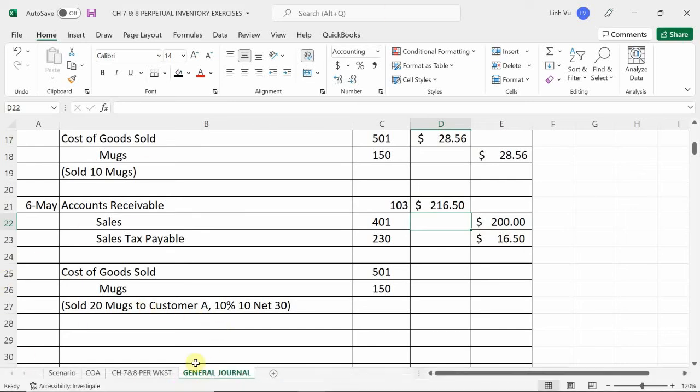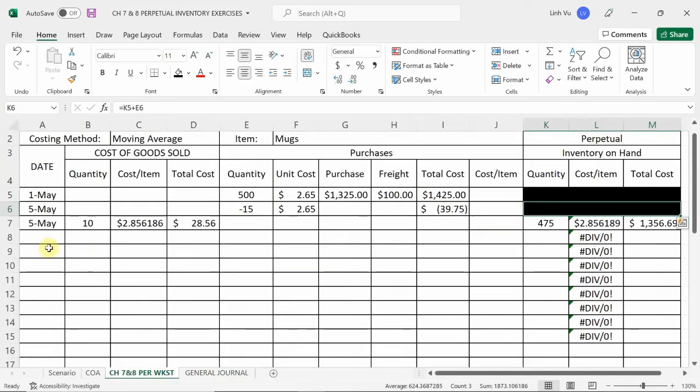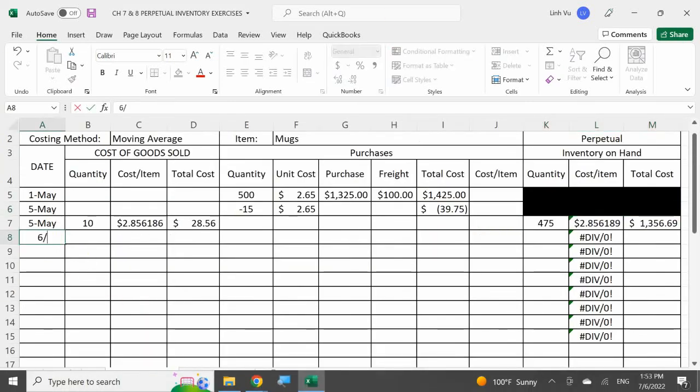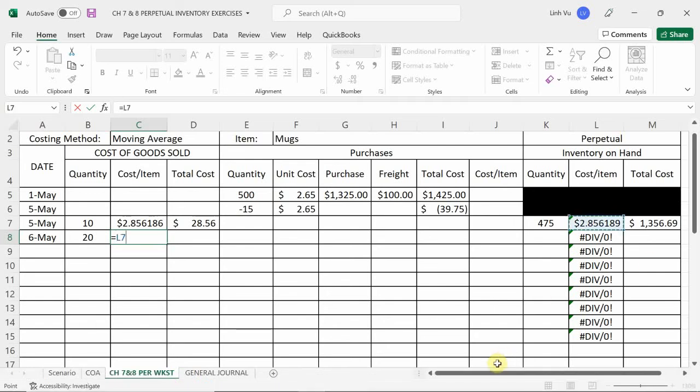So I'm going to go to my inventory worksheet, because I end up selling on May 6th 20 more mugs. Okay. So now my current cost per item is $2.856189.